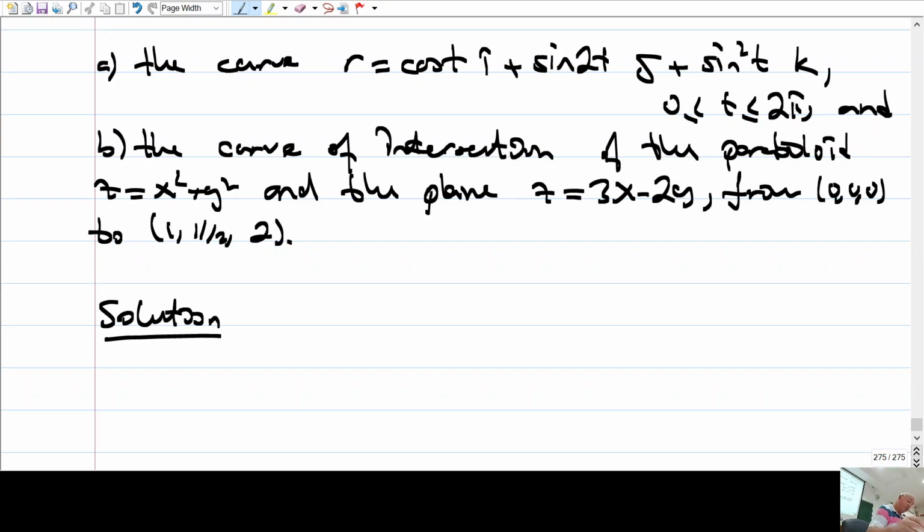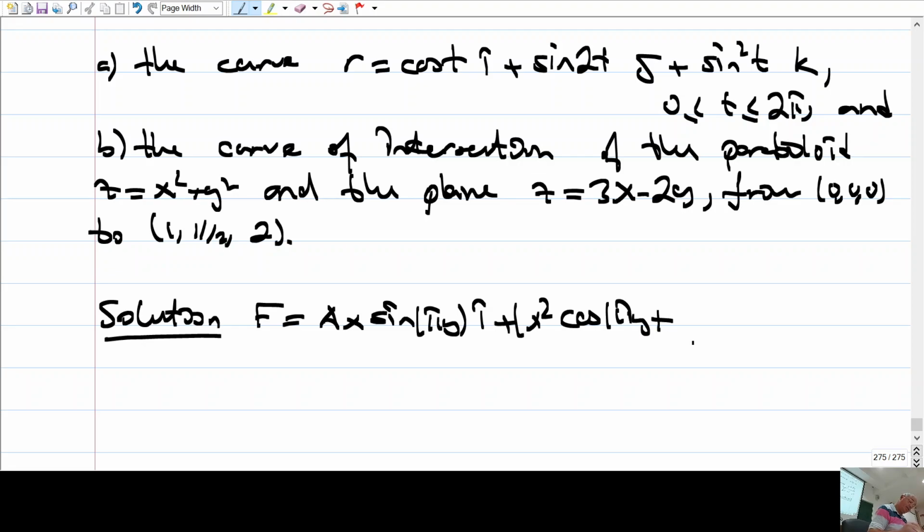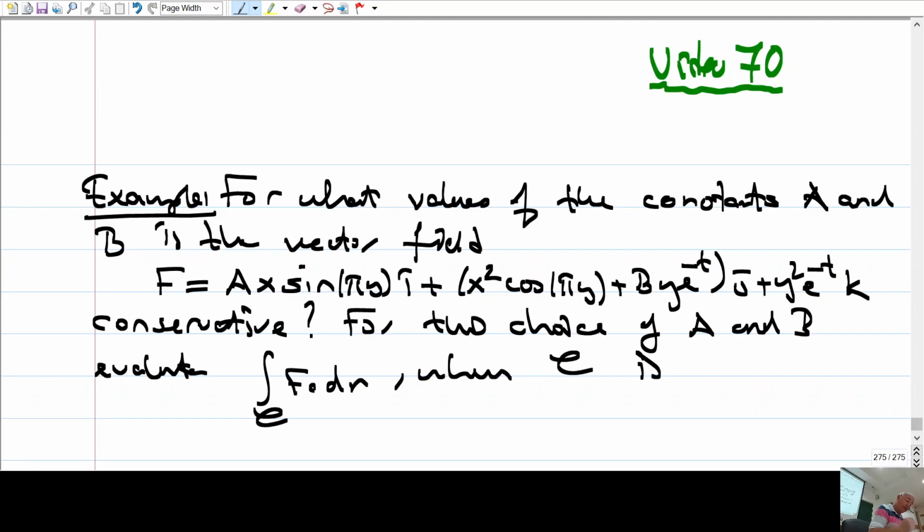Now, first of all, let me rewrite F again. F is A times x times sine pi y i plus x squared cosine pi y plus B times y e to the power minus t j plus y squared e to the power minus t k.